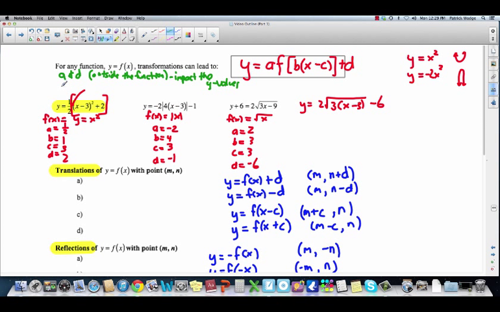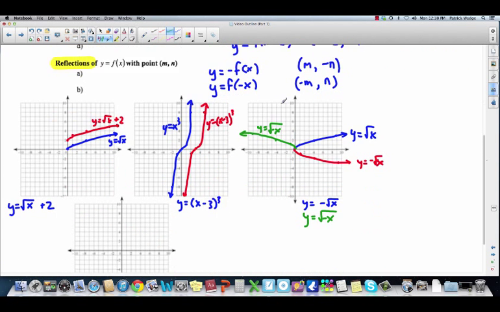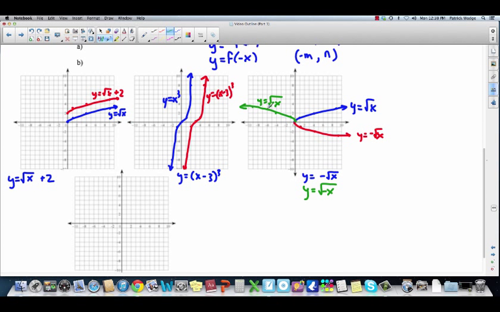And then B and C, which are inside the function, impact the x values. Okay, that's important.